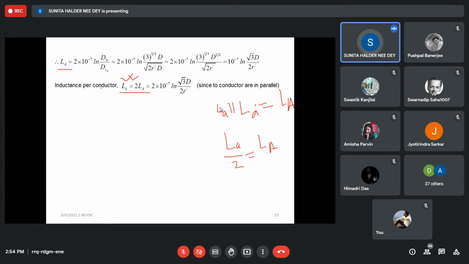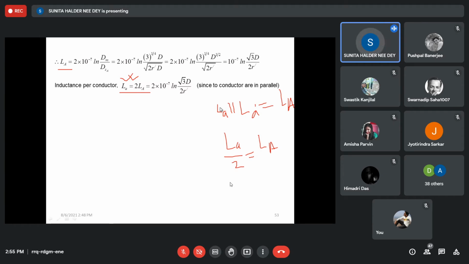Have you understood this? Yes, ma'am. So you must remember, when you approach with the flux linkage equation, then you must finally do the combination, whether it is series or parallel, thinking in your mind, and make that combination.